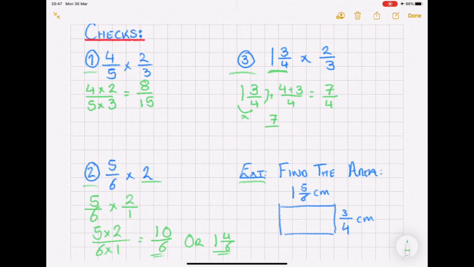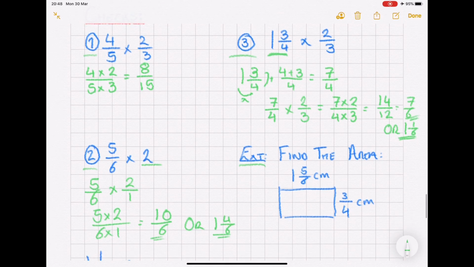So 7 over 4 times by 2 over 3. That's 7 times by 2 over 4 times by 3, which gives us 14 over 12, which we can simplify by dividing by 2 to give us 7 over 6, or 1 1/6. Either answer is good with me.